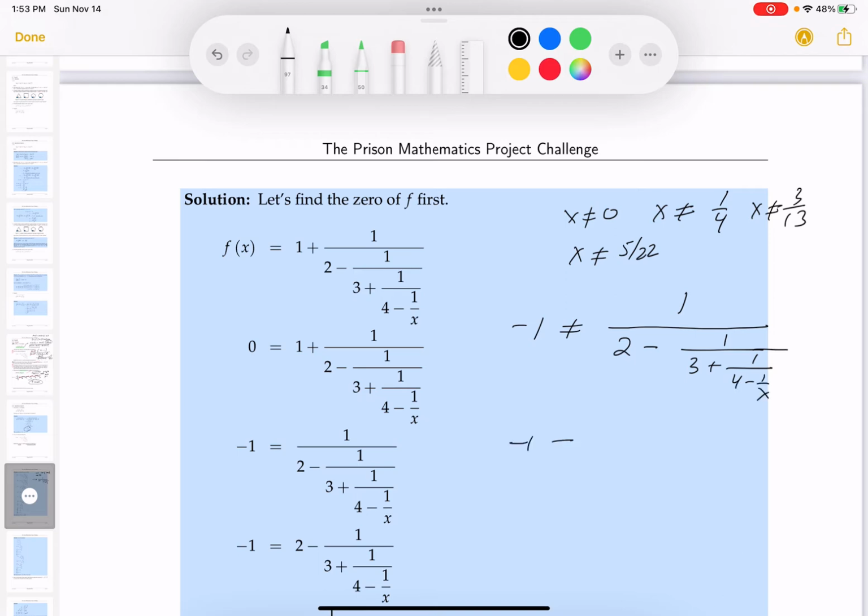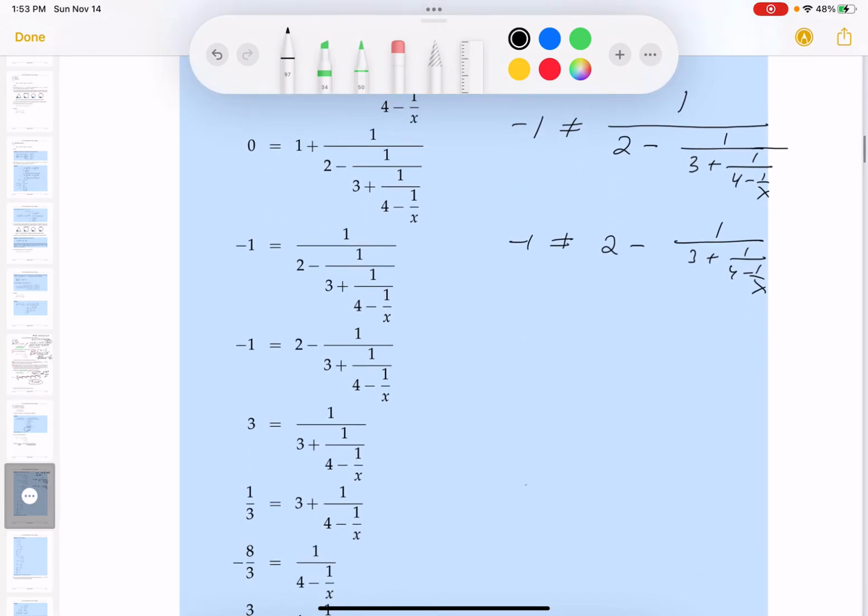Reciprocals. Oh boy, got to deal with minus 3. Oh boy, I got to do more work, don't I?